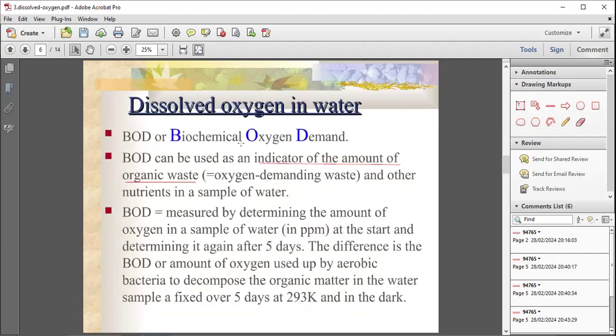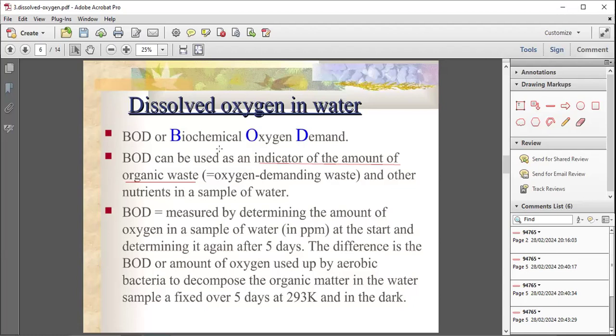BOD, biochemical oxygen demand, can be an indicator of the amount of organic waste. BOD is measured by determining the amount of oxygen in the sample water in ppm at the start and determining it again after 5 days. The difference is the amount of oxygen used by aerobic bacteria decomposing organic matter.